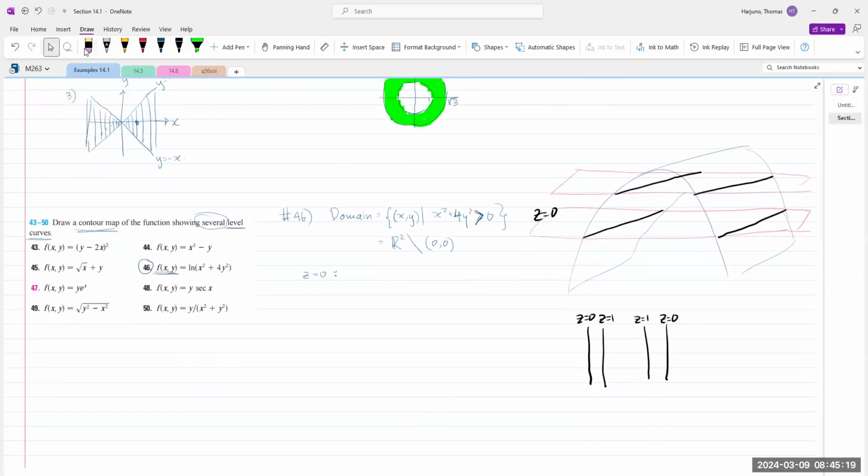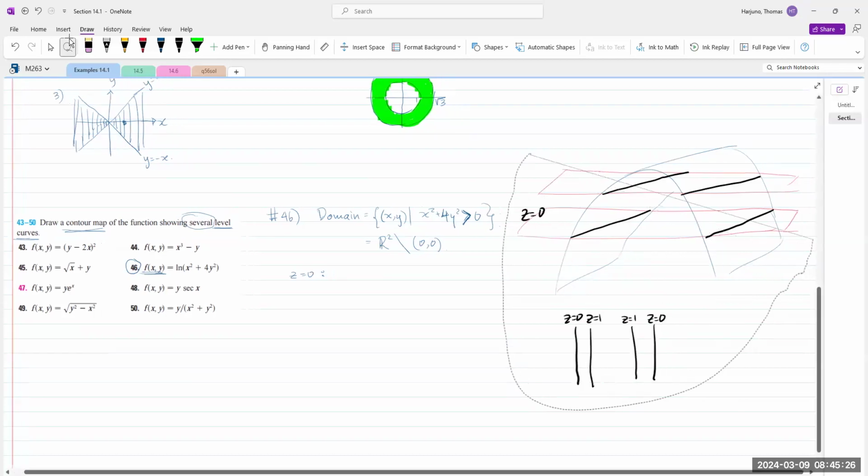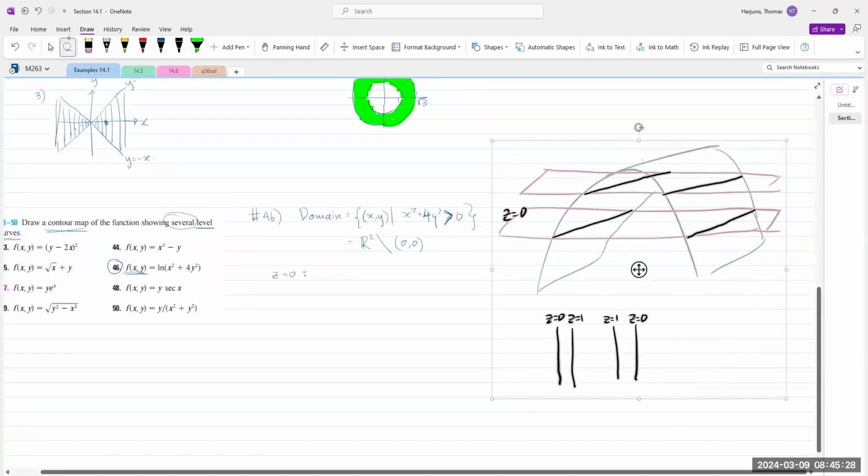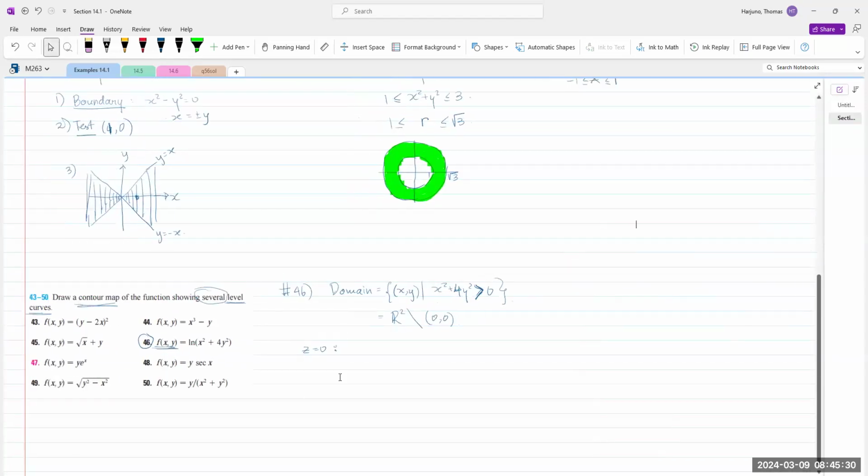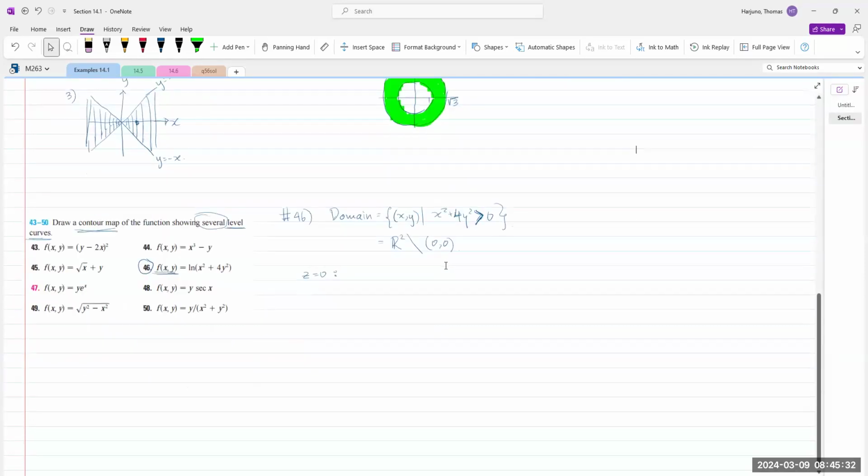Now, my explanation may not be that clear, but if you ever had what they call an MRI or CT scan, try to find out what MRI, magnetic resonance imaging, or CT scan, computed tomography scan, is in the medical field.